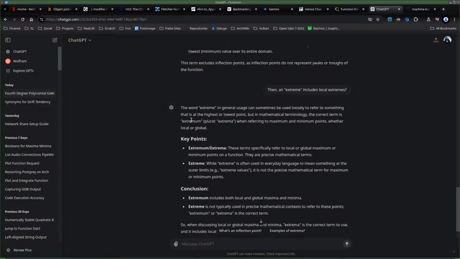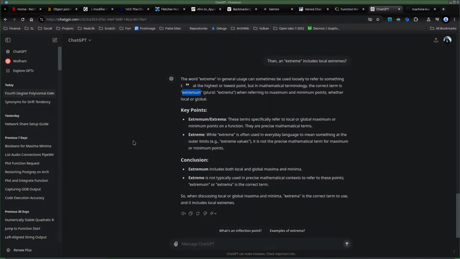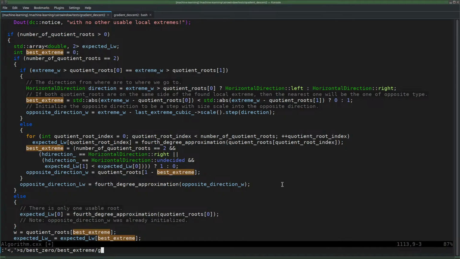Extremum. We learned something new, and the word is extremum. It includes both local and global maxima and minima. This is exactly what we wanted.